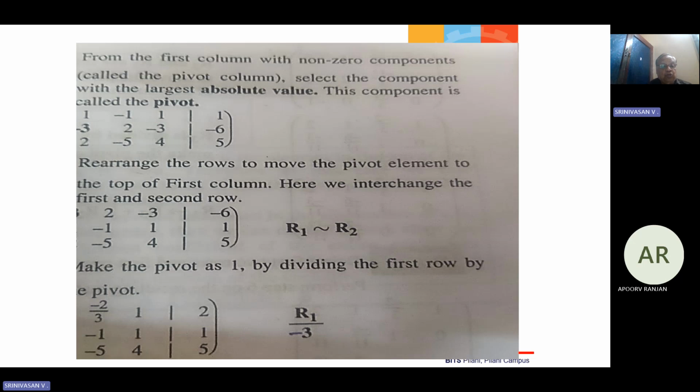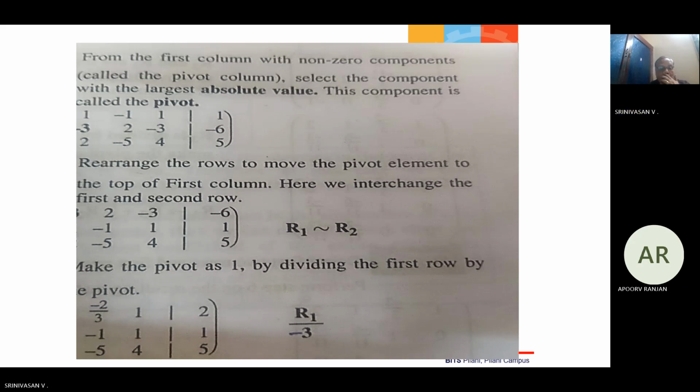Isn't it? And that is 2 actually. Yes, minus 2 by 3. Last element, first row, first column. I will make necessary corrections and then upload in the Teams for your proper reference. So this becomes minus 2 by 3.